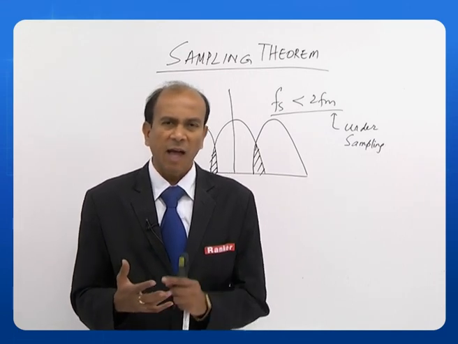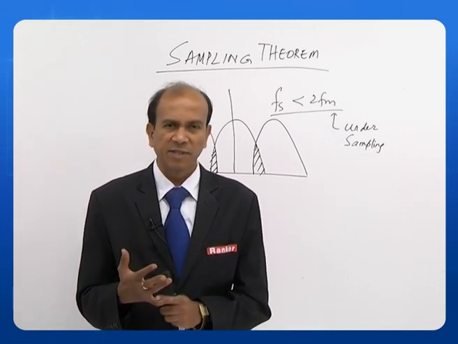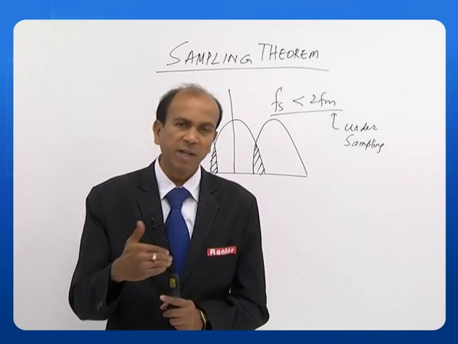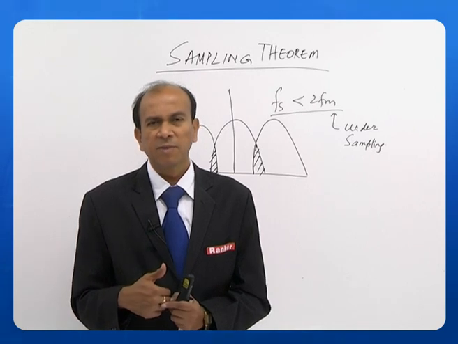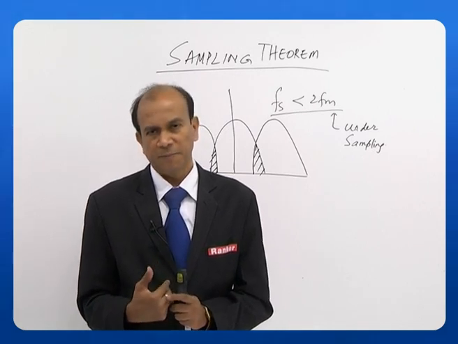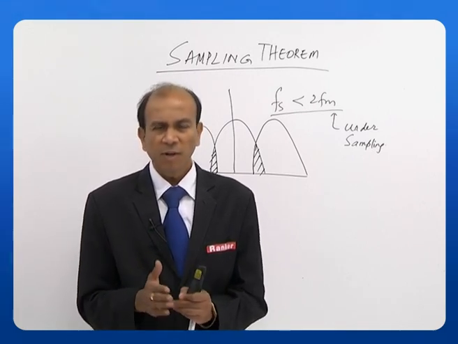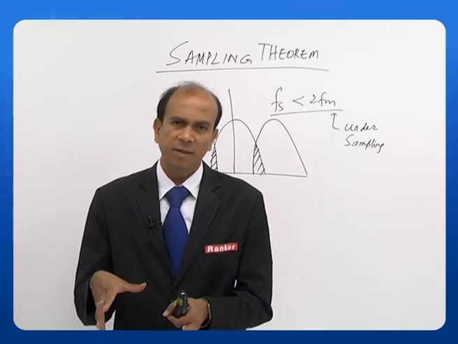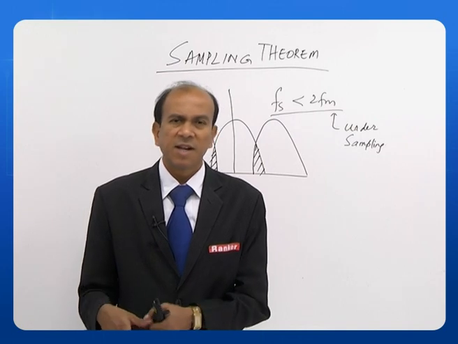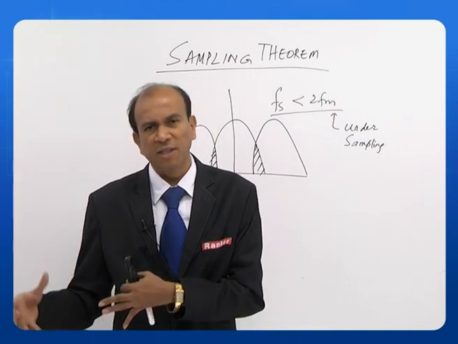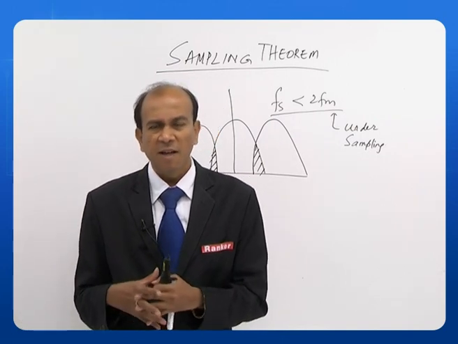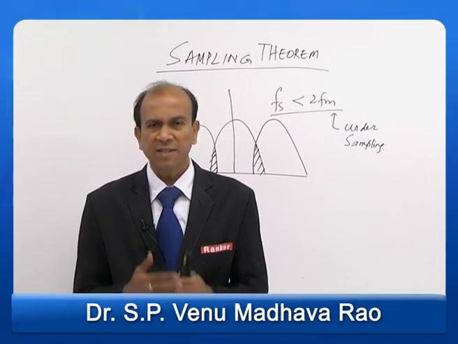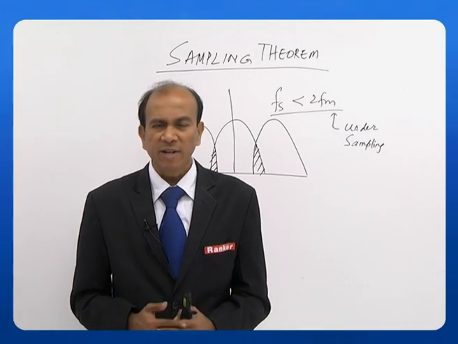Then I can calculate a sampling rate Fs greater than or equal to 2FM. The pre-alias filter is particularly useful in cases where it becomes very difficult to calculate Fs. So, pass the signal through a low pass filter, limit the number of frequency components, find the maximum frequency, which is the cutoff frequency of the low pass filter, then ensure that Fs is greater than 2FM. These are the steps to prevent aliasing.